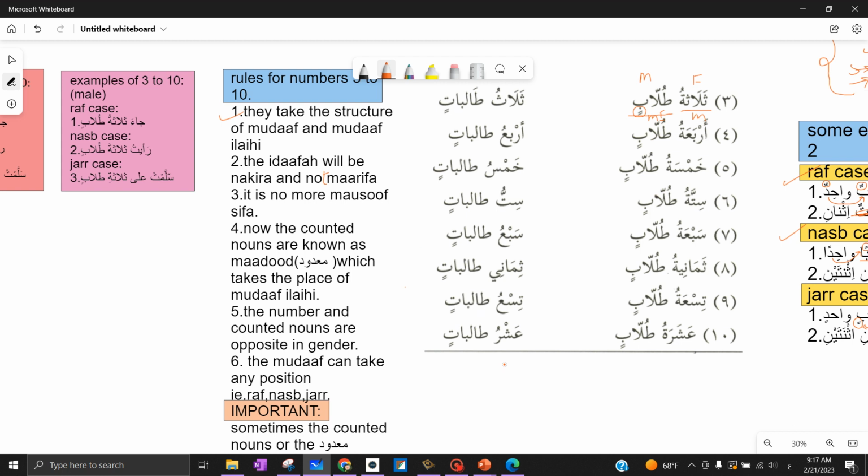What is nakira and marifa idafa? If anybody doesn't know what is idafa, idafa means the structure of mudaf and mudaf ilayh.